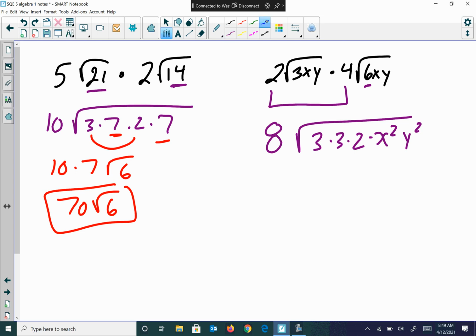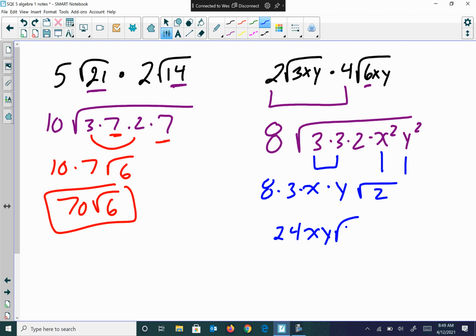All right. You can take that x, y, and 3 out. Yeah, those are all my perfect squares. What's the square root of 9? 3. And x, y. What's left behind? 2. Just a 2. 3 times 8 is 24. Root 2.